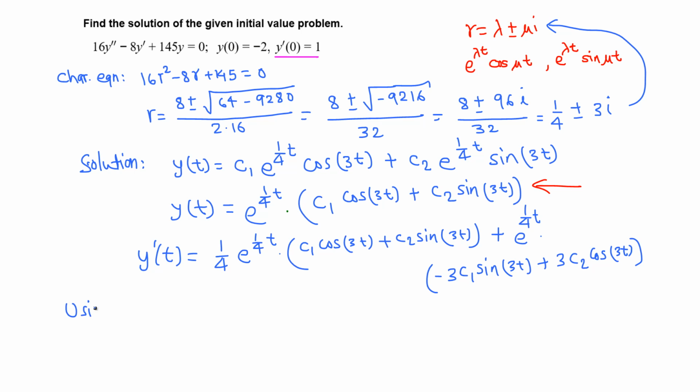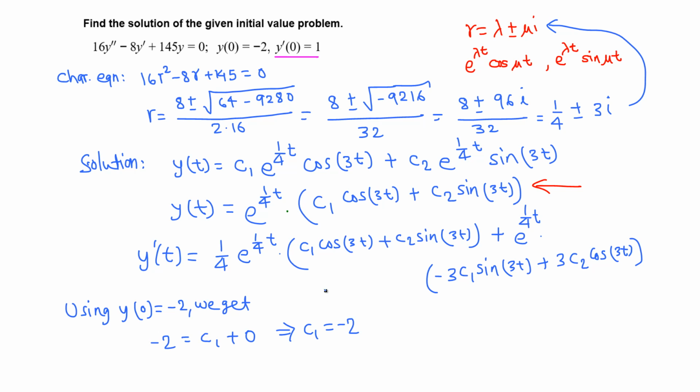So using y at 0 equals -2, we get y is -2, okay, equals when t equals 0, so e raised to 0 is 1, c1 cosine 3 times 0, just cosine 0 is 1, so c1, plus c2 sine 0. Sine 0 is 0, so there is nothing, so c1 is -2.